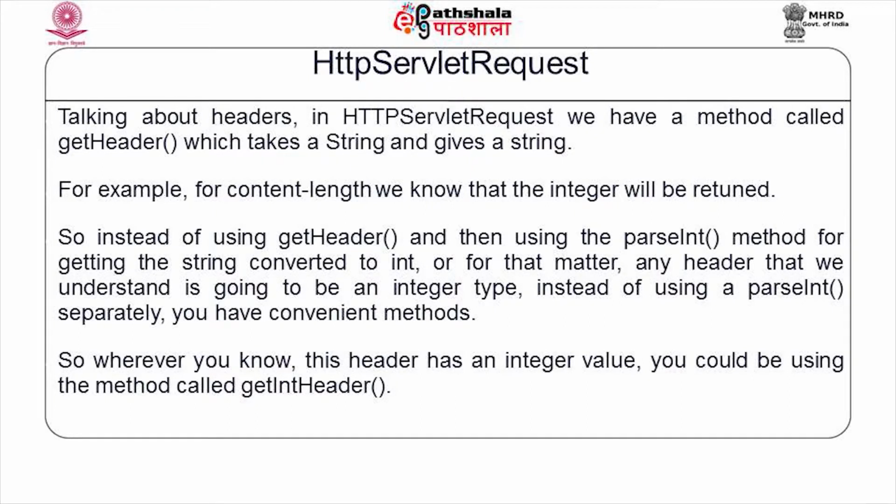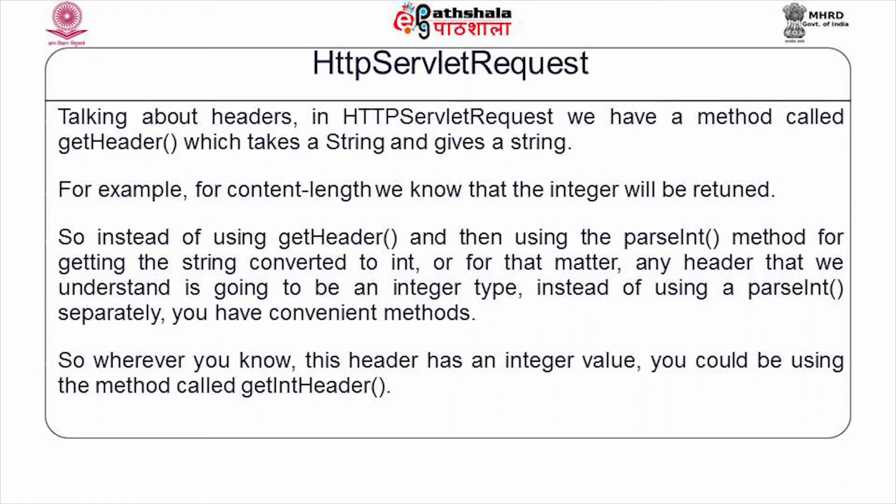Coming to the headers itself, we have the method called getHeader, which takes a string and gives a string. Many times you might have a header, for example, the content length header. What is the return type? Content length, we understand, is going to be an integer value.